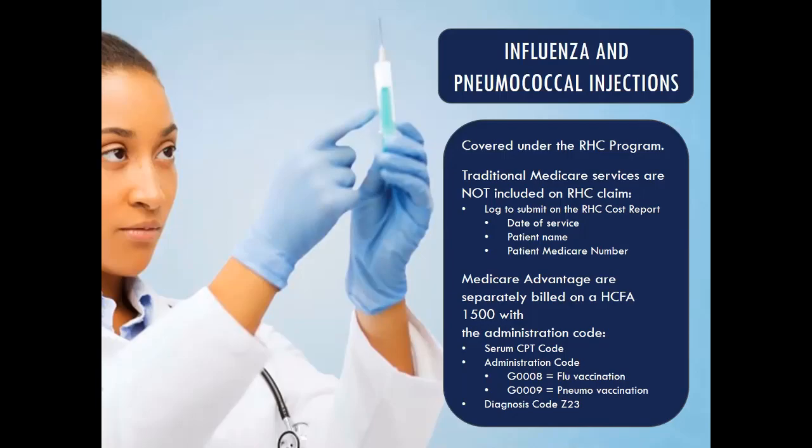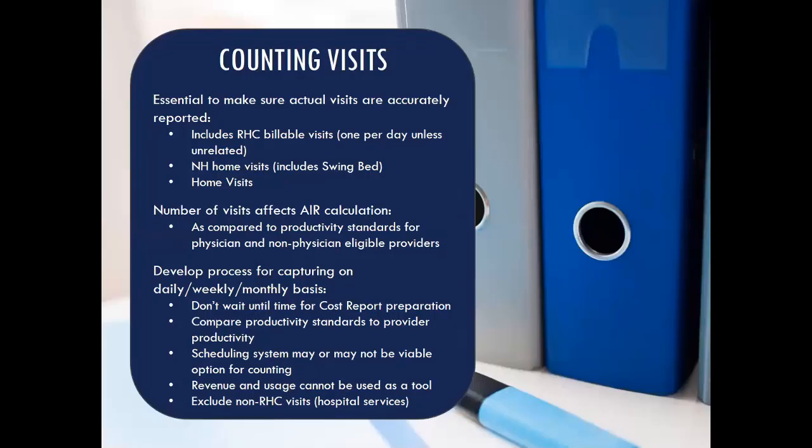Counting visits in the RHC is another area where there's often confusion on what constitutes a countable visit. Generally, it's one visit per patient per day, even if you see multiple providers on the same day. So if you're paid one AIR, it's one visit. The exception would be those rare instances where there are 2 visits when the patient physically leaves and returns on the same day for an unrelated service.